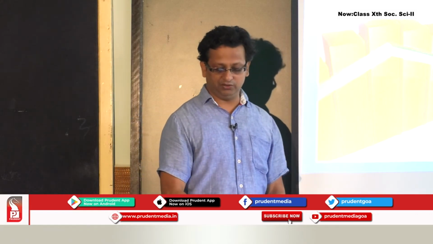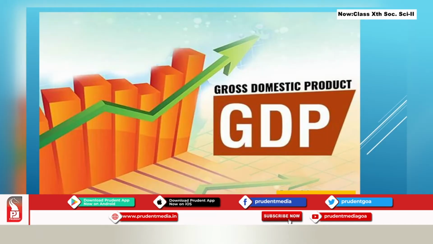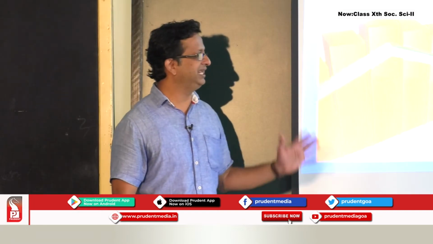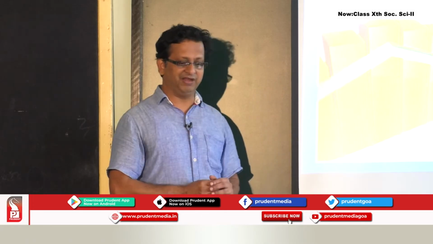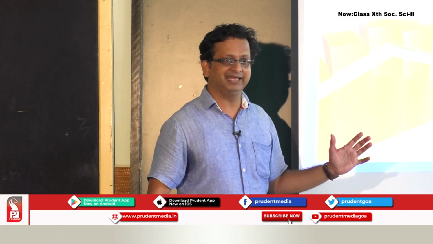Okay. So we'll go to the next part of the lesson, that is the GDP, that is the gross domestic product. Now to calculate the GDP or the gross domestic product, we have to know the final value of the goods and services produced in each of these sectors. Okay.